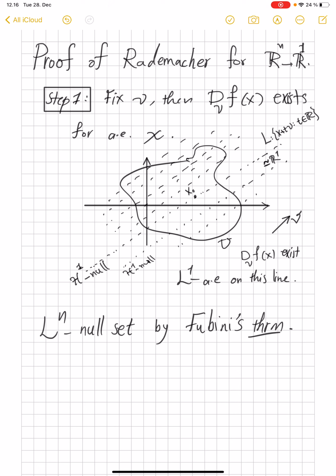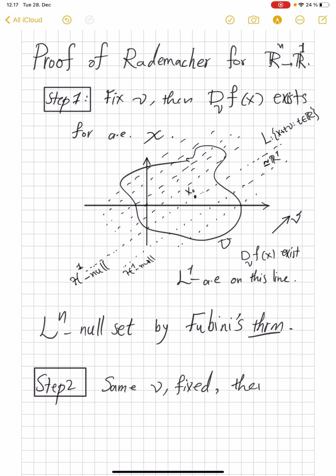Step 2 will be that this, again, same v from above, which is in particular fixed, you have kept the same v.